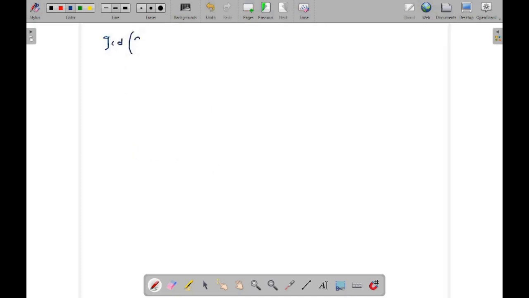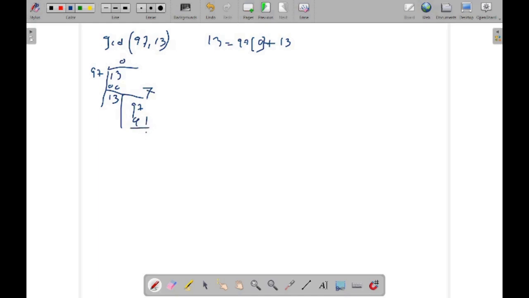The GCD of 97 and 13. At this stage we can represent 13 as 97 into 0 plus 13, and then in the next stage we take 97 and divide by 13, and we get 7, so 91, then remainder 6.